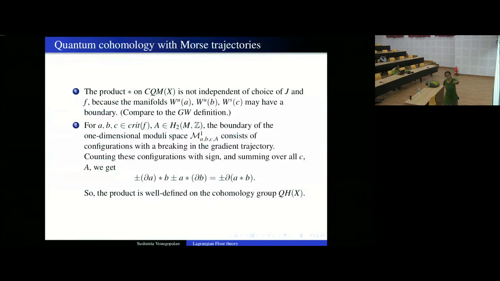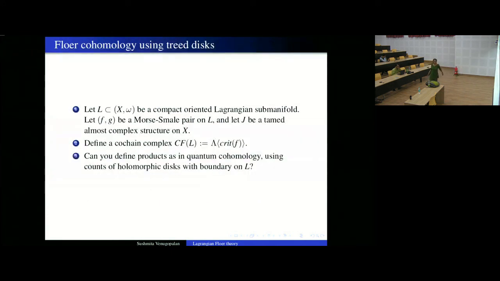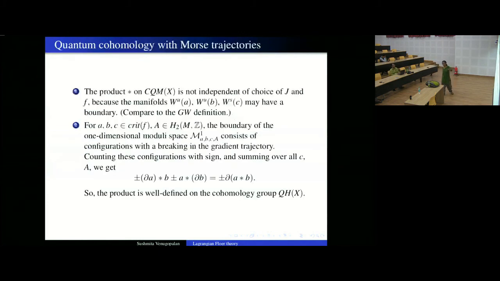The boundary of this guy would square to 0 if boundary A and boundary B are both 0. The quantum cohomology group that you get is the same as the quantum cohomology group that you defined, so I can equivalently do the whole thing using Morse trajectories.